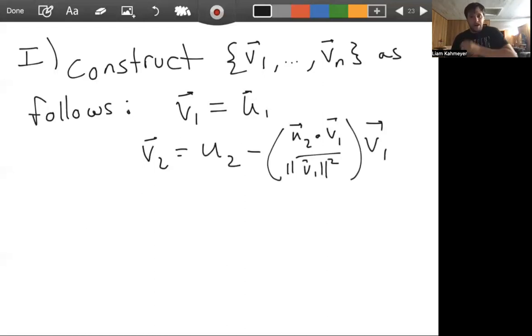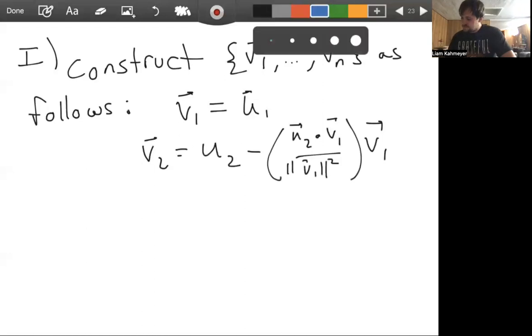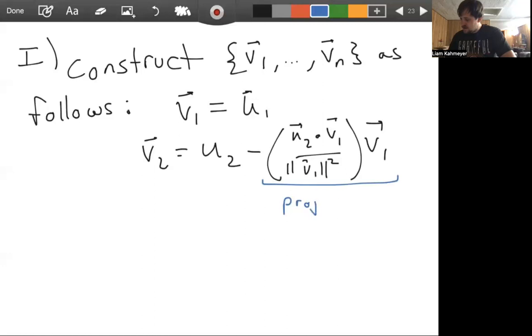This sounds like a lot, but if you notice, this is actually just the projection of u2 onto v1, right? And then we do this inductively. I'll show you what I mean with one more step here.